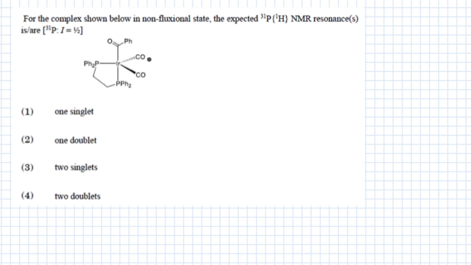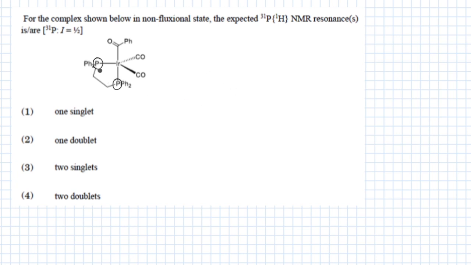Okay, now if you look at the molecule over here, you have iridium as the complex. The structure is quite similar to your trigonal bipyramidal geometry, and here you will see that you have a phosphorus here and a phosphorus here. These are the only two phosphorus which you have. Now the first thing is to find out whether these two phosphorus are equivalent or not.